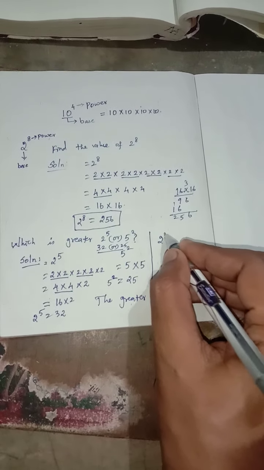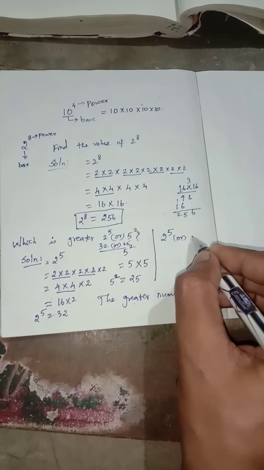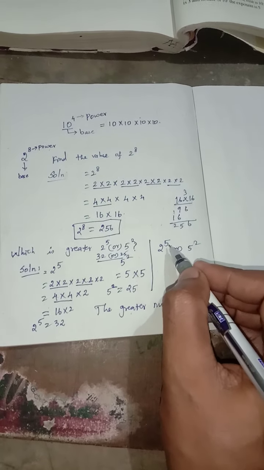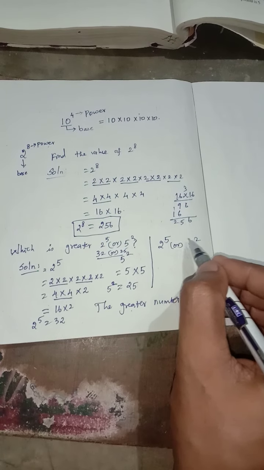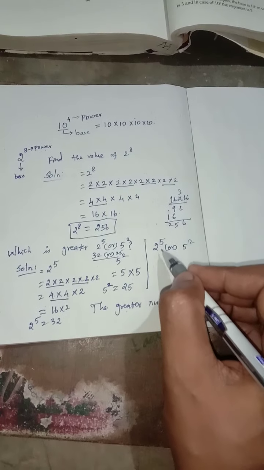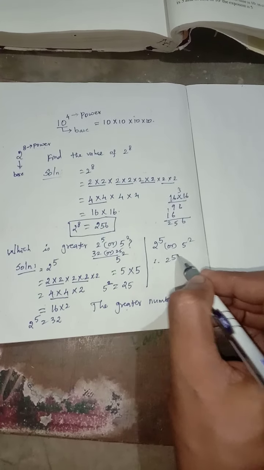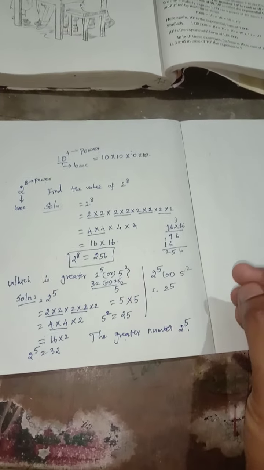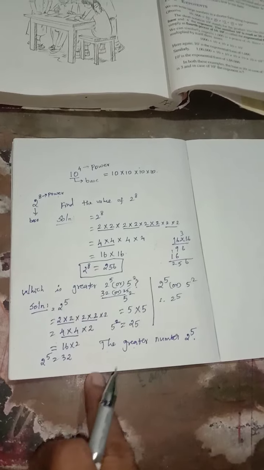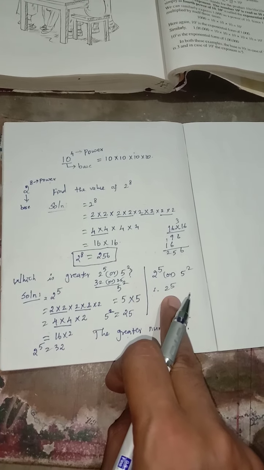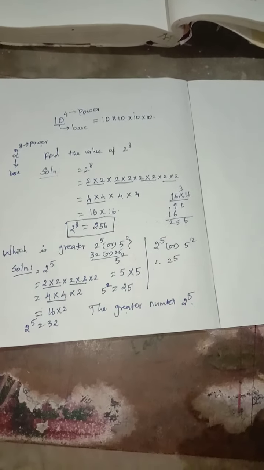One number is 2 power 5 and the other number is 5 square, right? Check the power. Which power is the maximum, that is the greater value? This one, that is 2 power 5. So the greater number is 2 power 5. Like that also we can find. Either you can write like this or you can write like this. Both answers are correct. Okay, meet you in the next video.